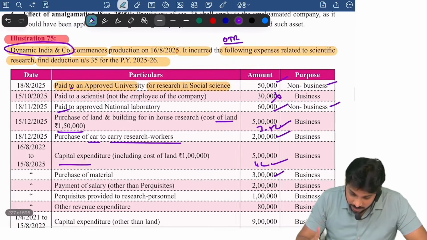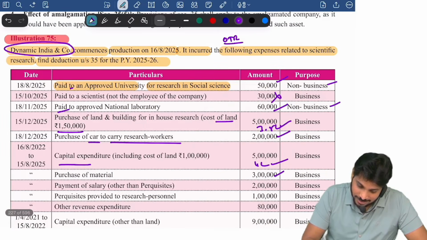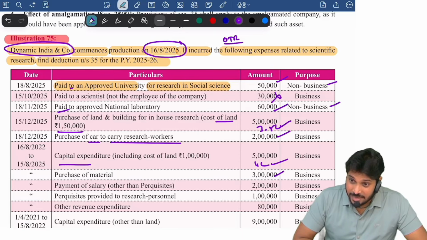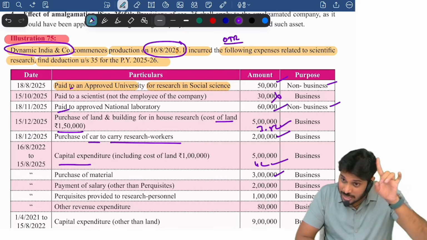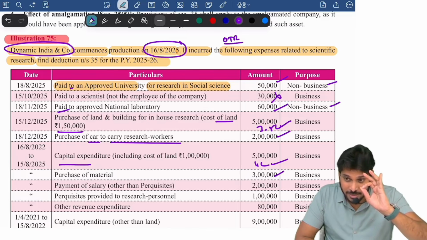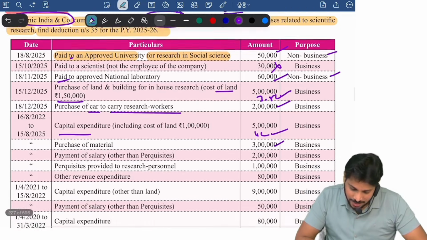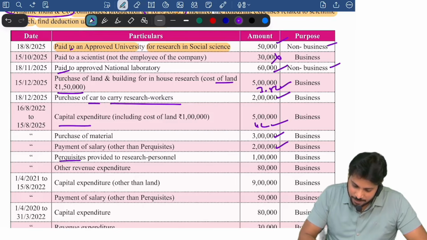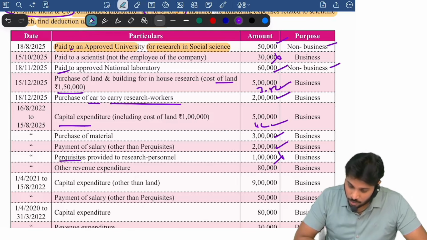Then purchase of material, yes, eligible. By the way, they commenced production on 16th August. Scientific research expenditure incurred prior to 3 years, you can claim deduction provided the expenditure is related to material and labor. Correct? Now salary other than perquisite, yes. Perquisite you don't get deduction, only salary you will get.